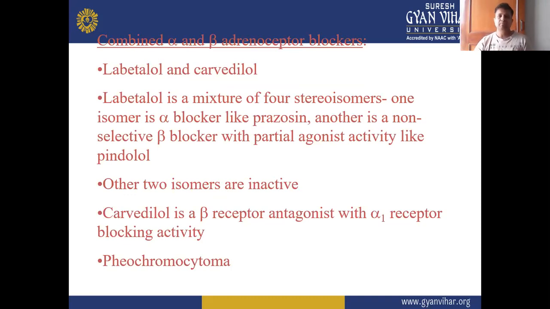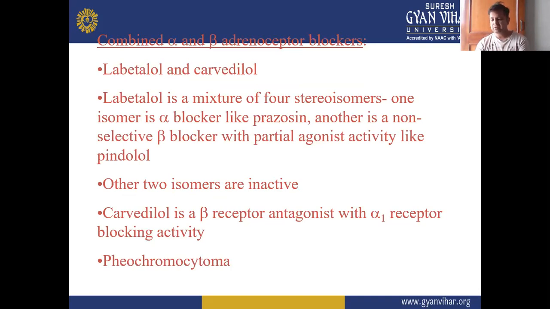Combined alpha and beta adrenoreceptor blockers: labetalol and carvedilol. Labetalol is a mixture of four stereoisomers. One isomer is an alpha blocker like prazosin.